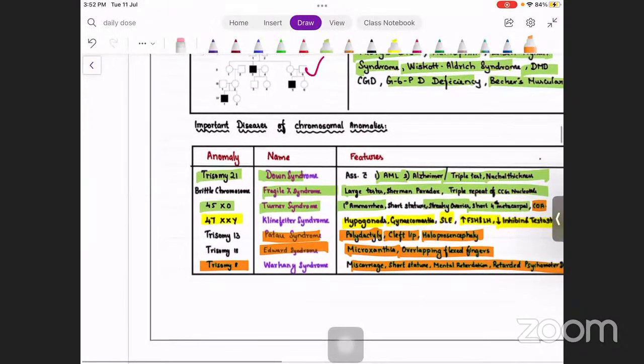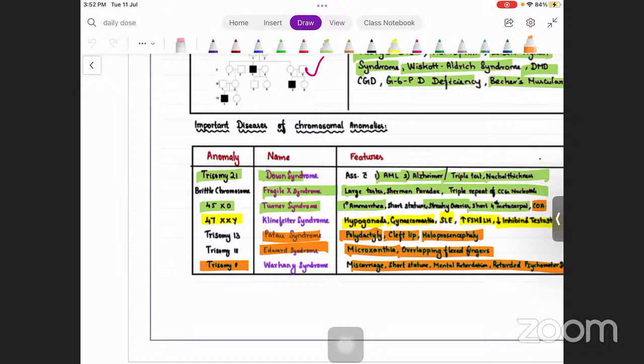So, 21: Down syndrome, AML, Alzheimer's, triple test, nuchal thickness. Fragile X: large testes, Sherman paradox, CGG triplet repeat. Turner, 45,XO: primary amenorrhea with streak ovaries and coarctation of the aorta. Klinefelter: gynecomastia, hypogonadism, decreased inhibin and testosterone with increased FSH and LH.